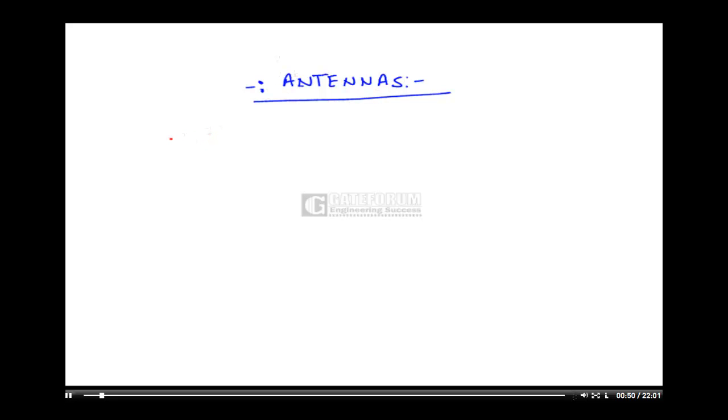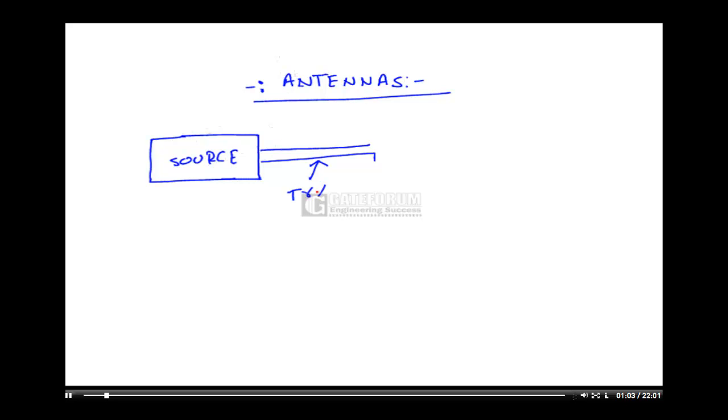Here we have a source. It is connected to a transmission line. This is a transmission line. So energy is propagated.